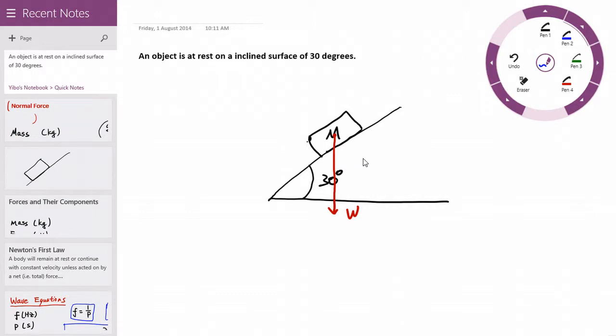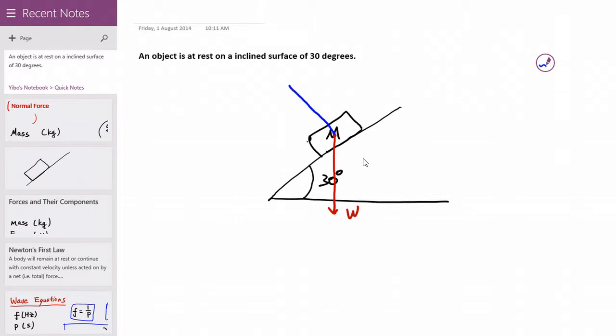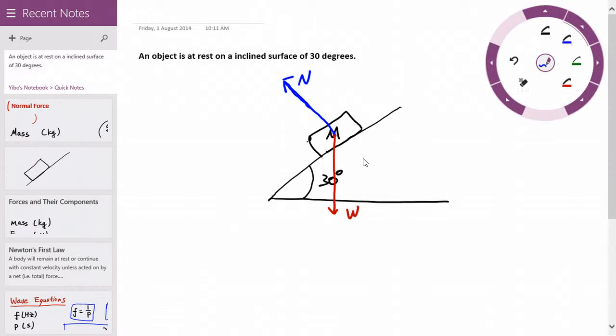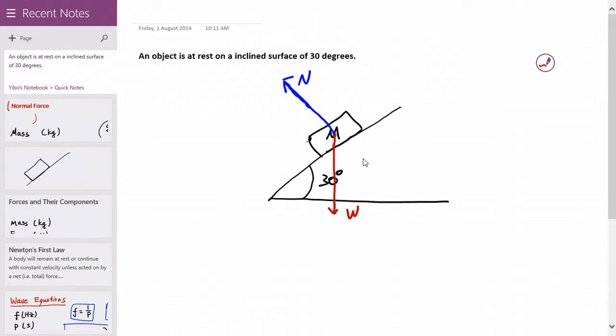Remember, normal force acts perpendicular to the surface, at 90 degrees to the surface. So we have two forces basically pulling on this object. We have a force that goes in this direction here, and another force, the weight force, dragging it down.